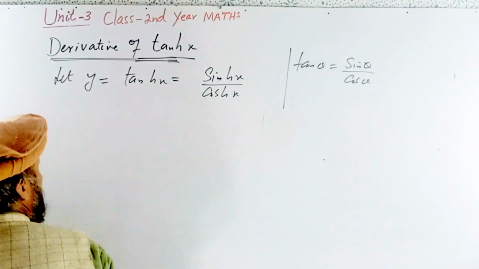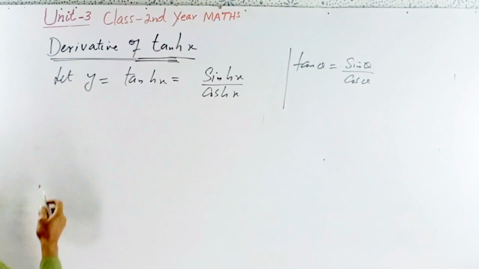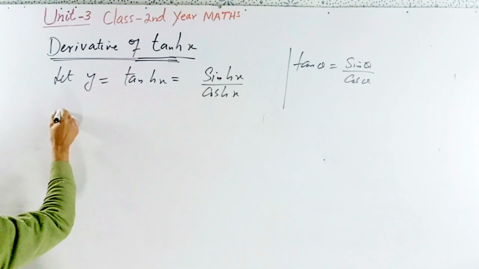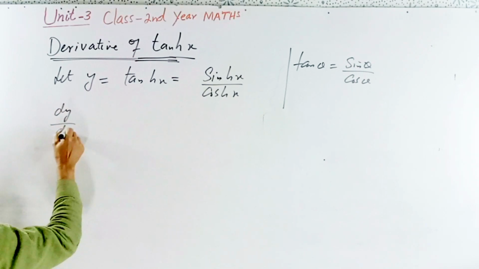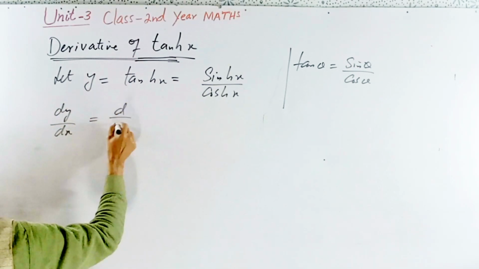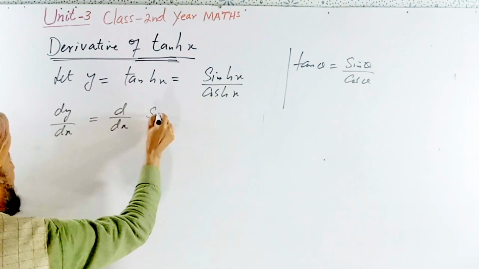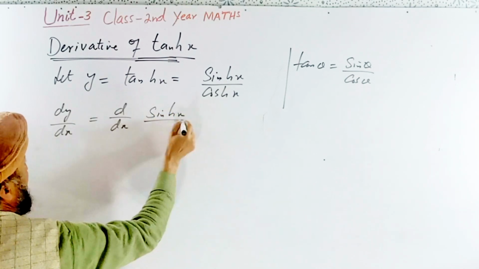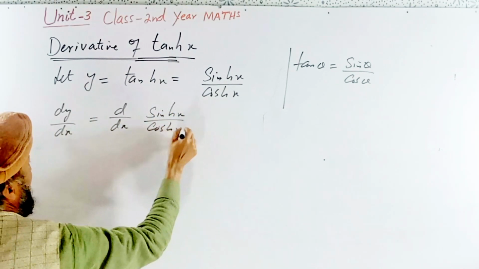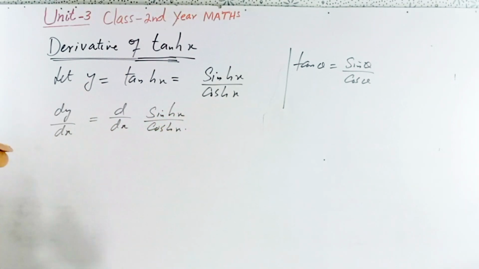Now differentiating with respect to x, dy by dx is equal to d by dx of sine hyperbolic x divided by cos hyperbolic x. Now we are using the quotient rule.